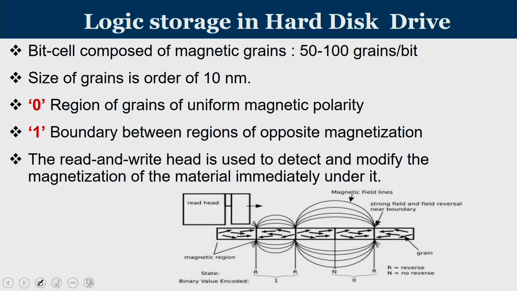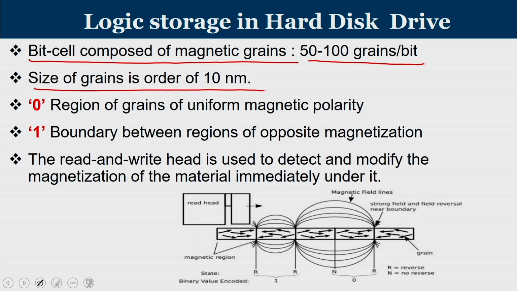Now, let us try to understand how you are going to save your data, or what is logic 1 and what is logic 0 as far as a bit cell inside the hard disk is concerned. The bit cell is composed of magnetic grains, and typically 50 to 100 grains are used to represent a bit, and the size of the grains is in the order of 10 to 20 nanometers. 0 means a region of grains of uniform magnetic polarity.